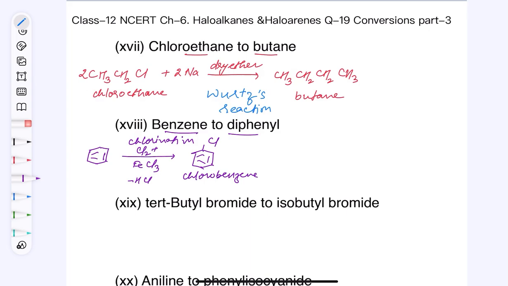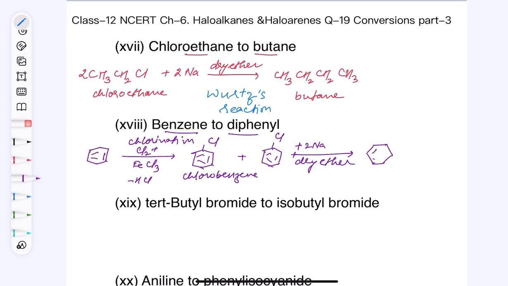Now as we have done above, let us take 2 moles of this chlorobenzene. So we will take 1 mole of chlorobenzene reacting with the chlorobenzene formed, in the presence of dry ether with sodium. You will see that you are having your product referred to as diphenyl.